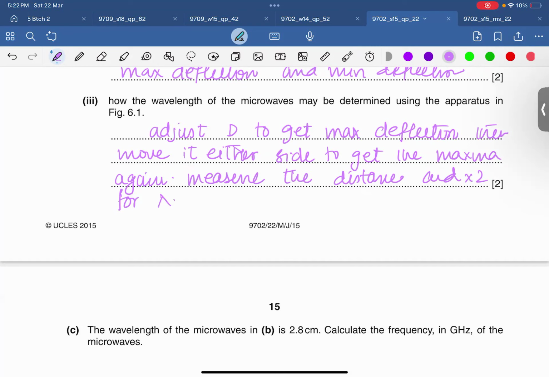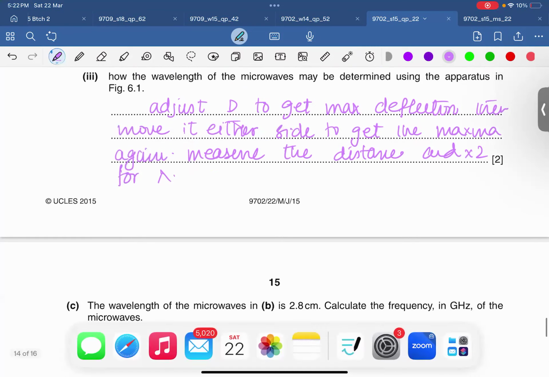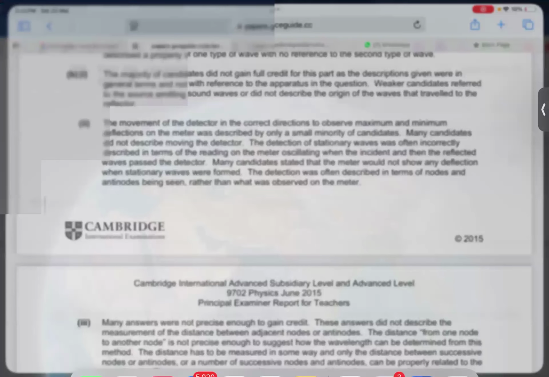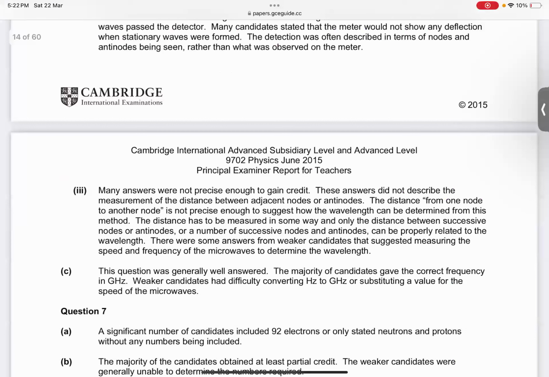Let's check this quickly too. Many answers were not precise enough to gain credit. These answers did not describe the measurement of the distance between adjacent nodes or antinodes.